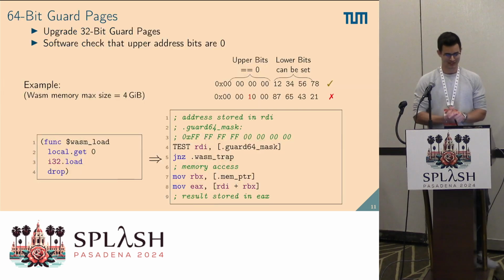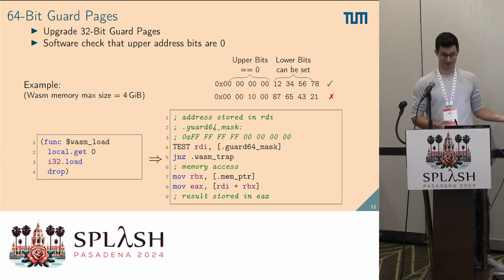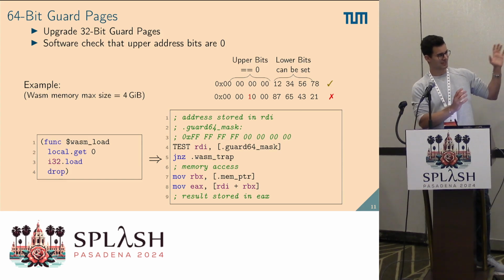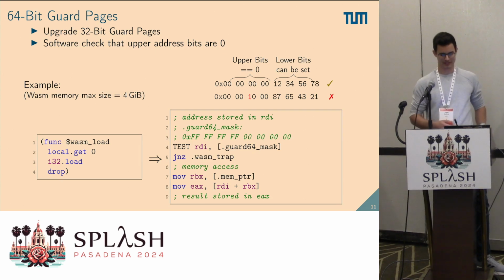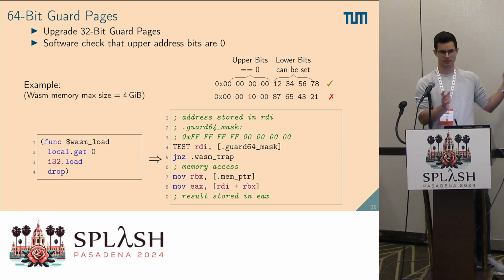All right. So the first approach that we discovered with 64-bit guard pages, the basic idea is you will never need your whole 64-bit WebAssembly address space. So we just statically reduce it down to a smaller address space, which we do by applying a mask to your address and just checking whether the upper X bits are set or unset.